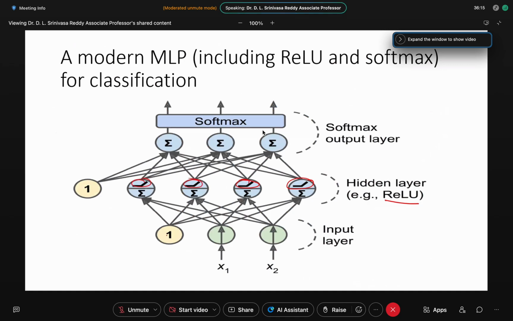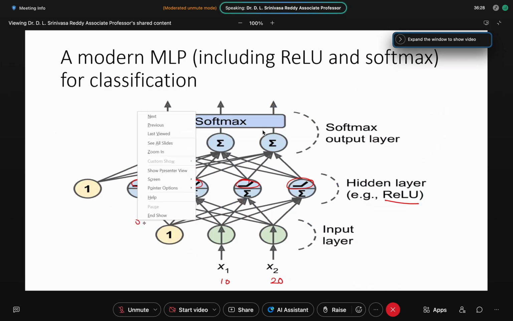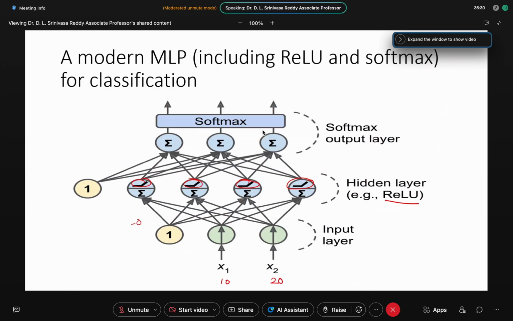Suppose my input value is 10 here and 20 here, and assume the weights are minus 0.6, 0.5, and minus 0.8. What will be the value here? The weighted sum: the bias input is 1, then the inputs are 10 and 20.